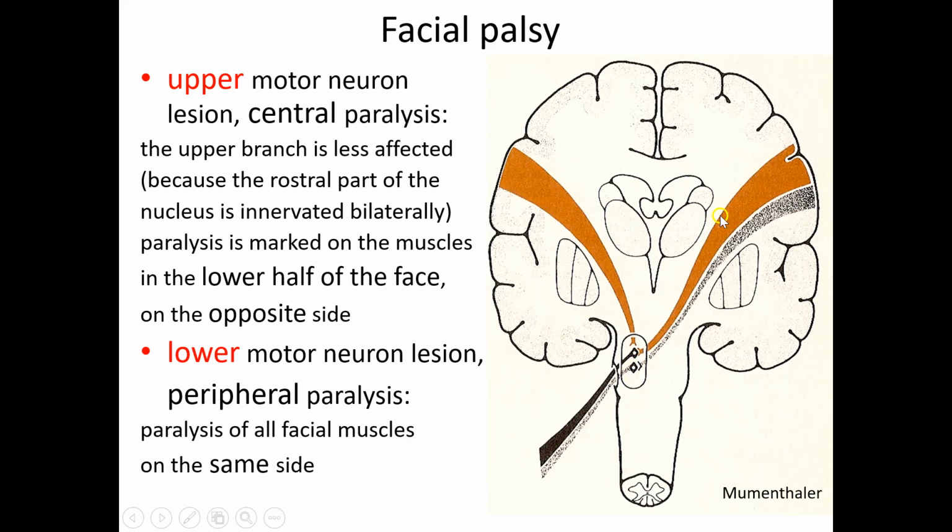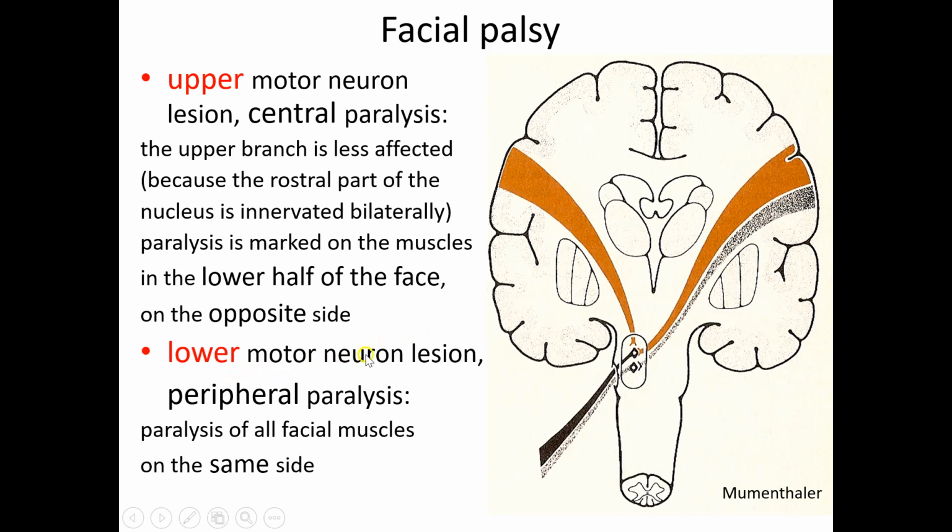So when there is some ischemic damage contralaterally, what will it lead to? Basically, paralysis of the lower part of the face arising from the lower nucleus, compared to the upper part, because the upper part also has ipsilateral supply from the cortex. So the upper part of the facial nucleus will be spared.